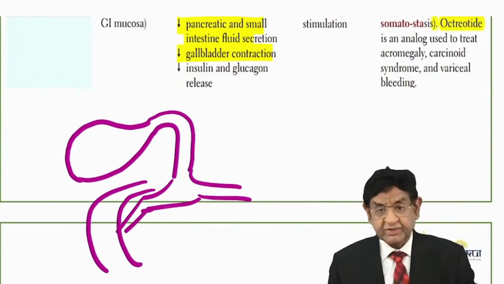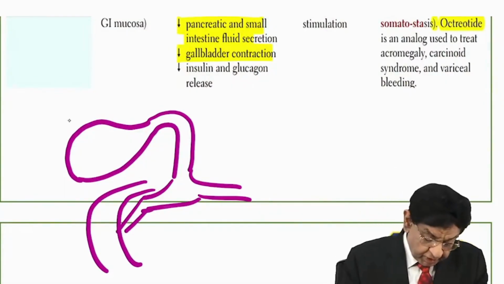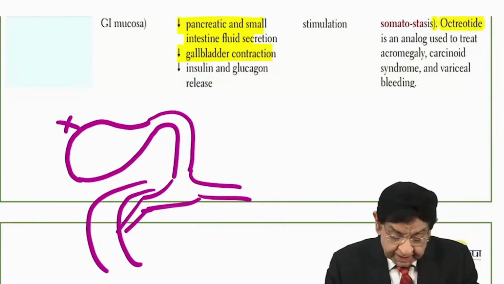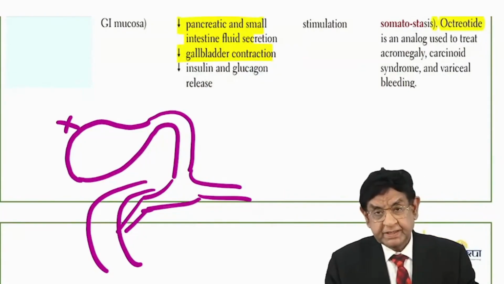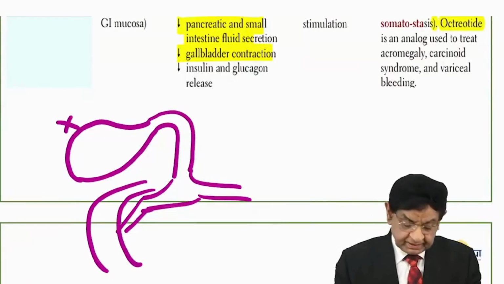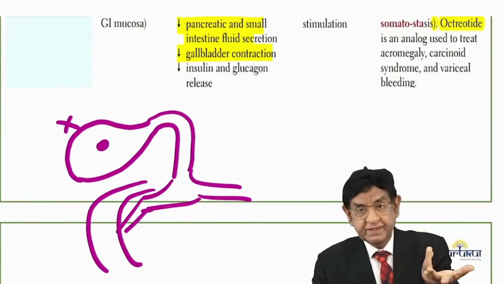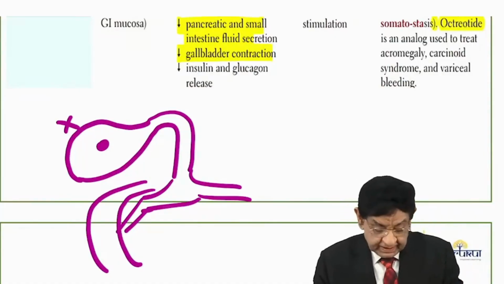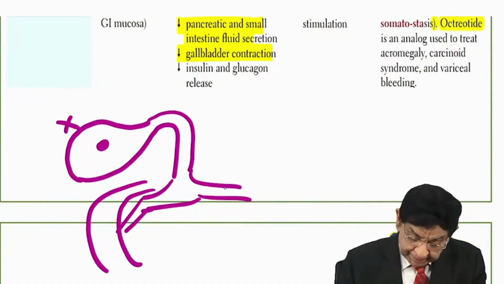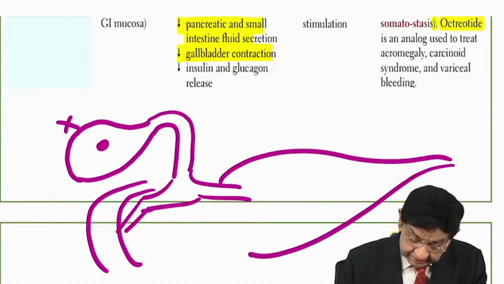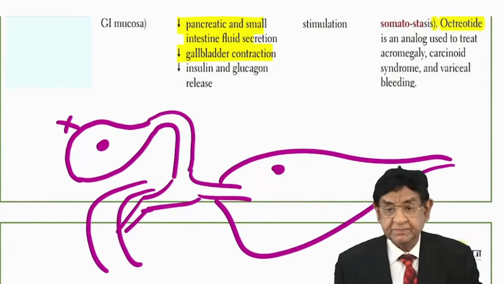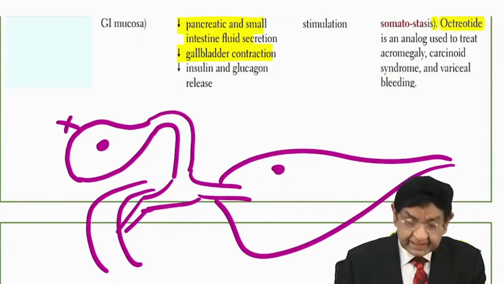So what is it going to do? It will not let the gallbladder contract. The gallbladder will not contract. The bile will stay here only. Bile will not move. It is also reducing the pancreatic secretions.